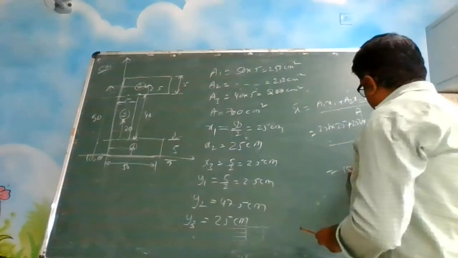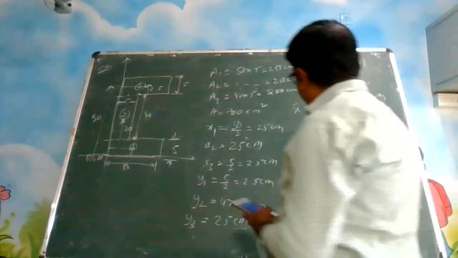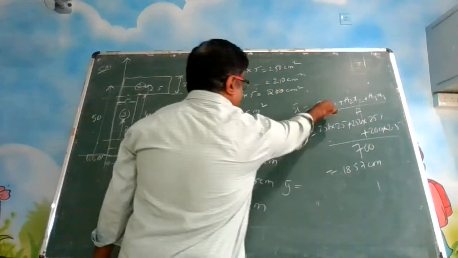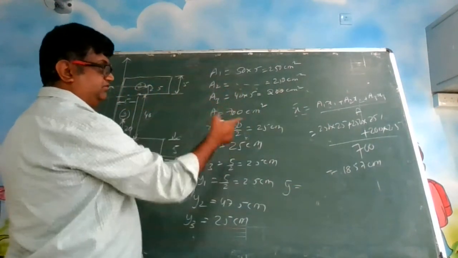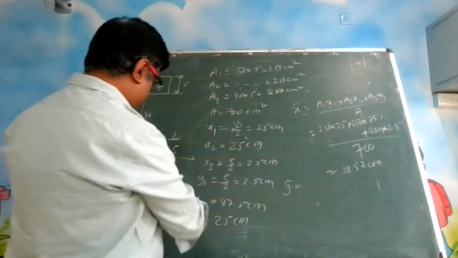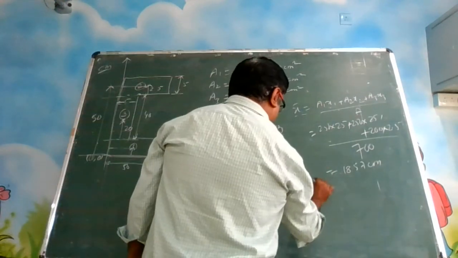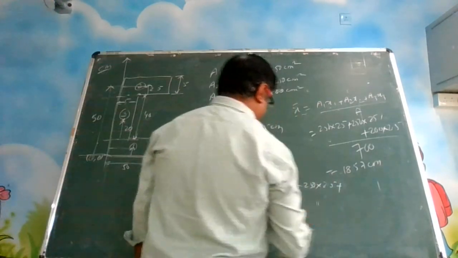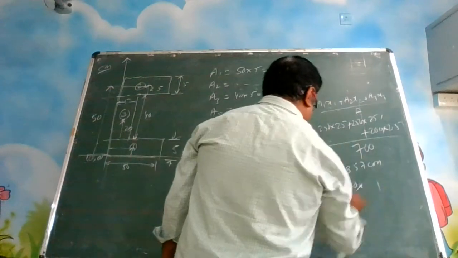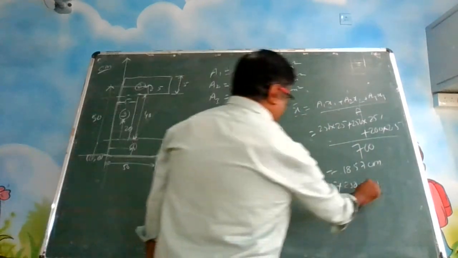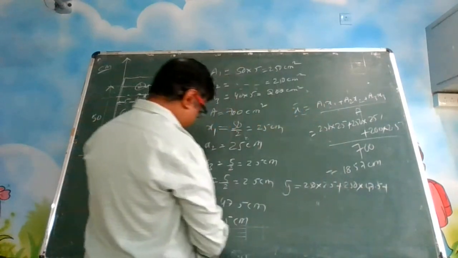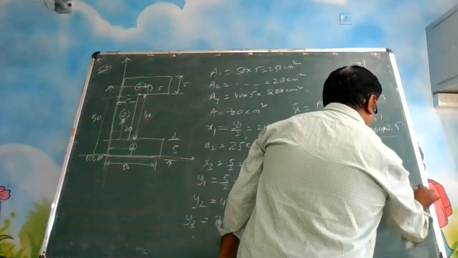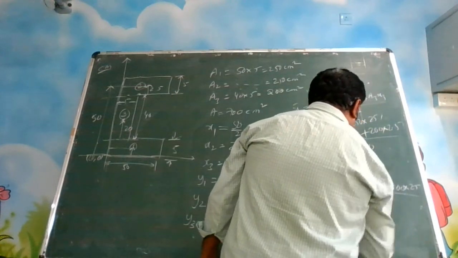Okay, I am getting 18.57 centimeters for x bar. We have to find y bar also, with the same formula, but in the place of x1 you will get y1, in the place of x2 you will get y2, and in the place of x3 you will get y3. So a1 is 250 into y1, 2.5, plus a2, 250 into y2, 47.5, plus a3, which is 200 into 25, divided by 700.